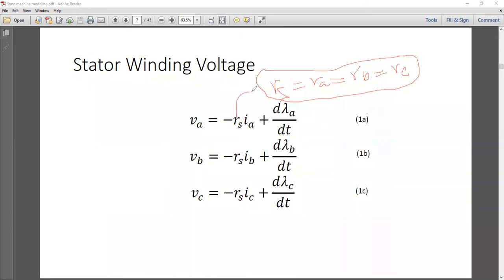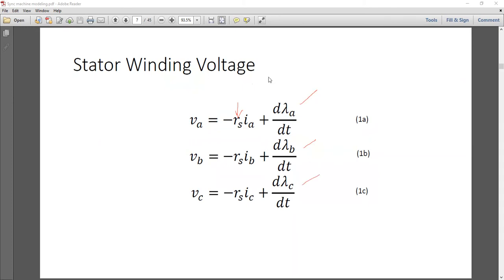RS is the phase A, phase B, and phase C resistance of those coils, so that's why we are writing it RS. S here simply stands for stator. So RS is nothing special; it is the same as RA, RB, and RC, a shorthand notation for each of the coils. And then d lambda A by dt, d lambda B by dt, d lambda C by dt.